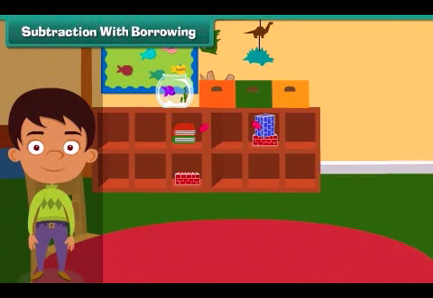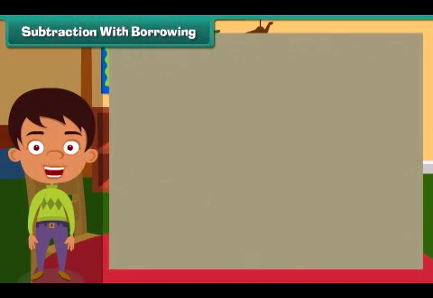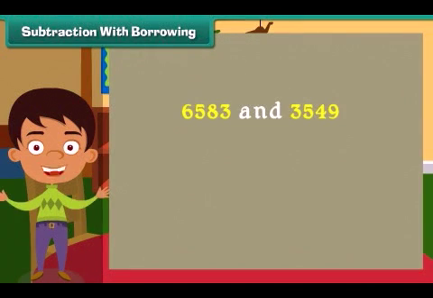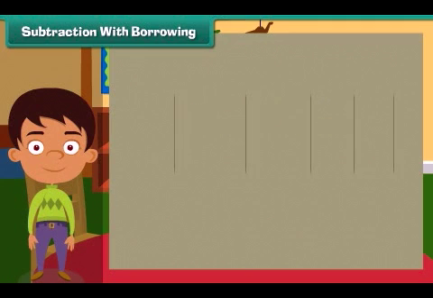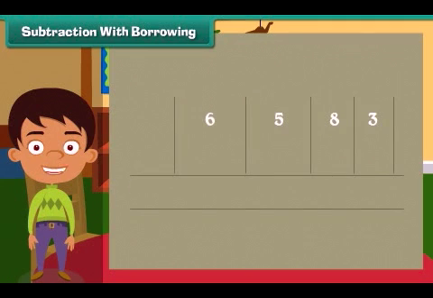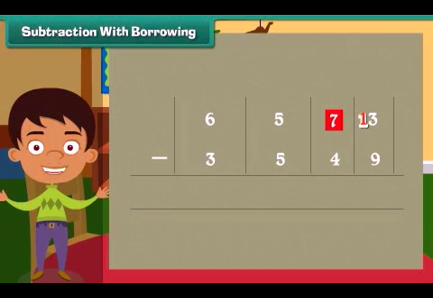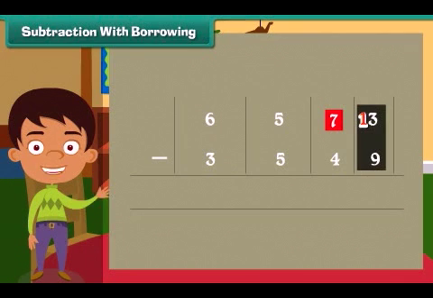Subtraction with borrowing. It's time to learn subtraction involving borrowing. Subtract 3549 from 6583. We again start from ones column. Since 3 is smaller than 9, we will borrow 10 from 8. Therefore, 3 will become 13 and 8 will become 7. Subtract 9 from 13.